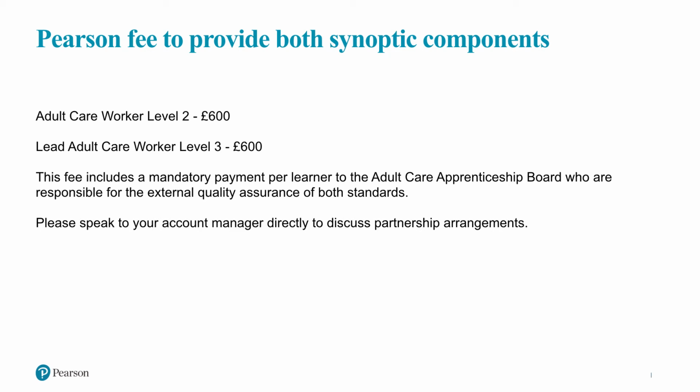We assume overall responsibility for that. We adhere to all of the Adultcare EQA board requirements. Standardisation and training is our responsibility, and we report back all of the endpoint assessment results to the EQA board.